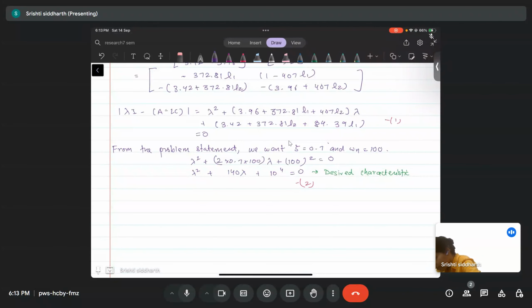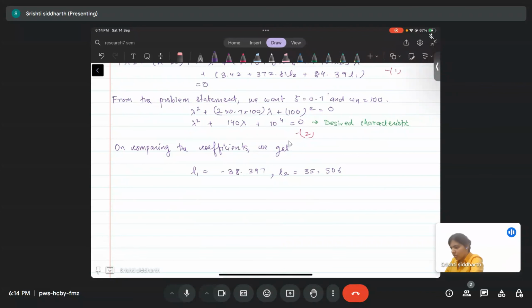So on comparing the coefficients, we get that L1 is minus 38.397 and similarly L2 is 35.506.